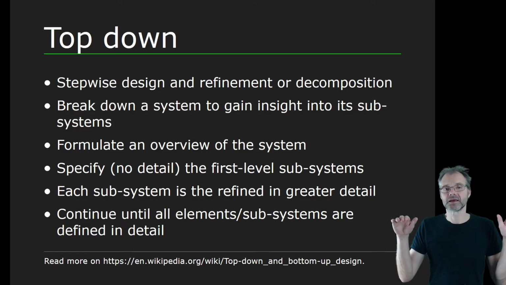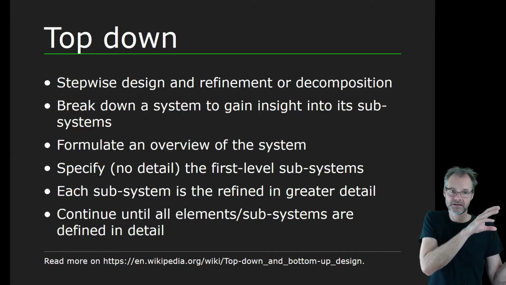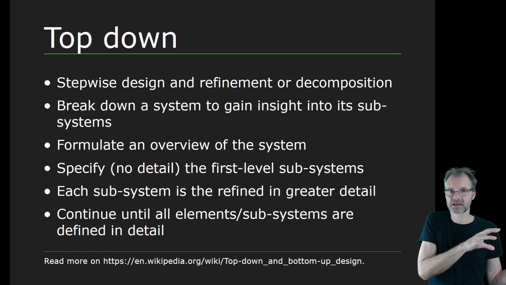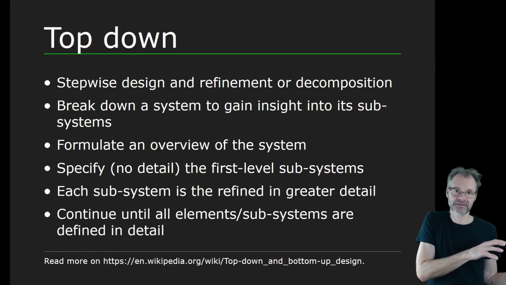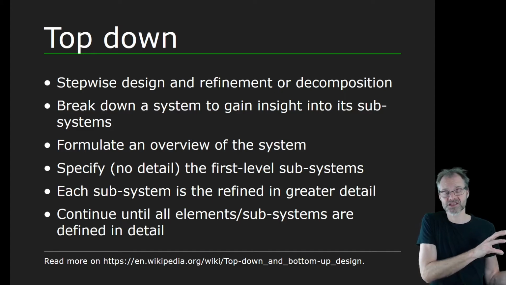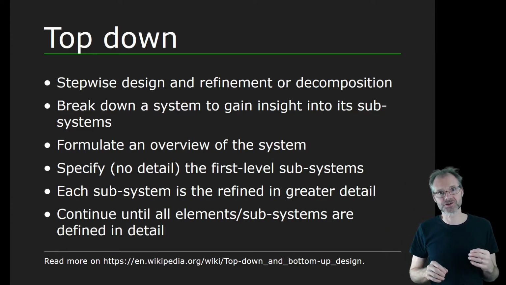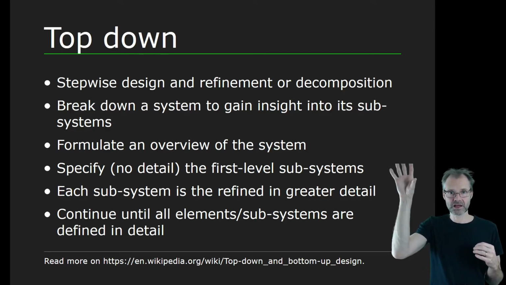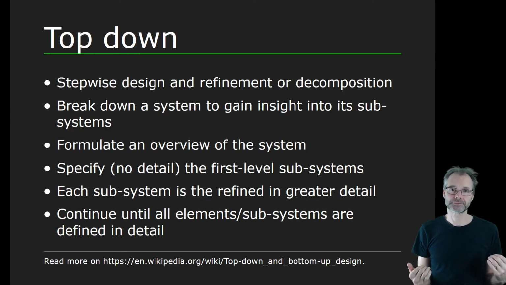Okay? And then we take each of these subsystems and divide them into smaller pieces and smaller pieces. And eventually, when there are no smaller pieces to divide them into, we describe them in detail. And so we do that for the whole system, from the top level to the bottom level.